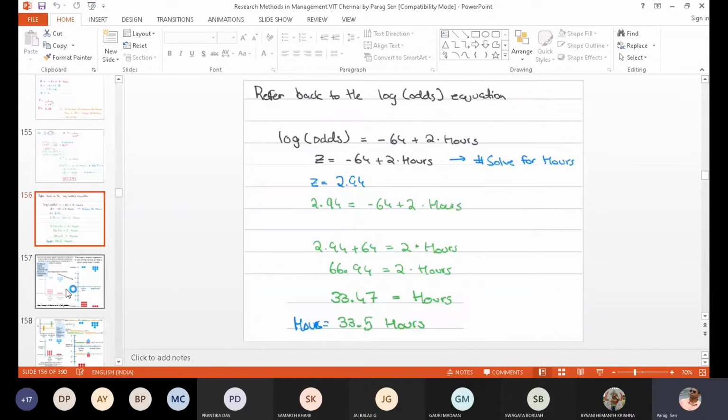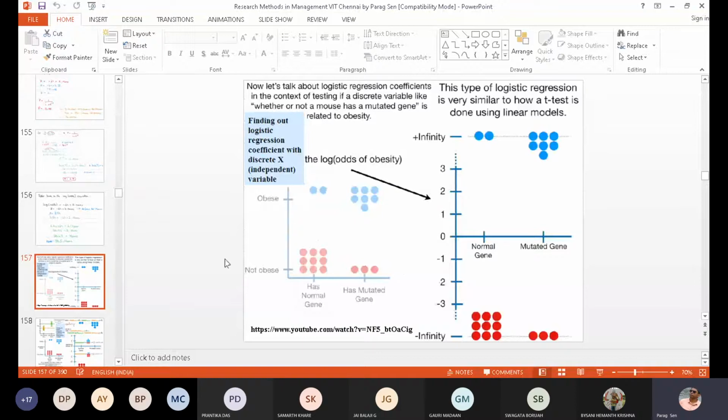So now another case is provided: the logistic regression coefficients in the context of testing whether a discrete variable, like whether or not a mouse has a mutated gene, is related to obesity. Finding the logistic regression coefficient with a discrete x or independent variable.